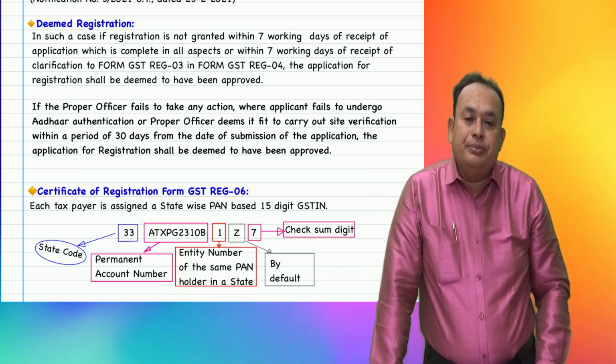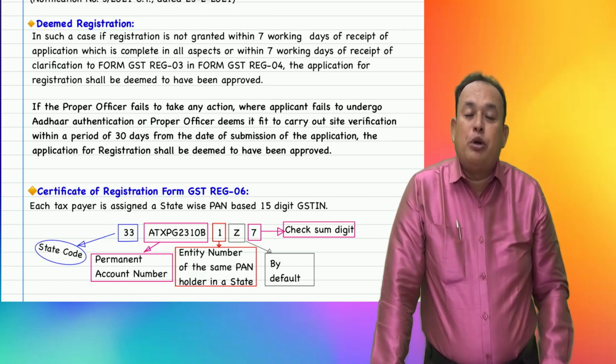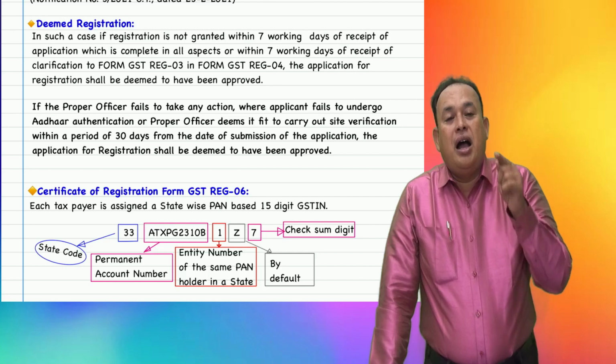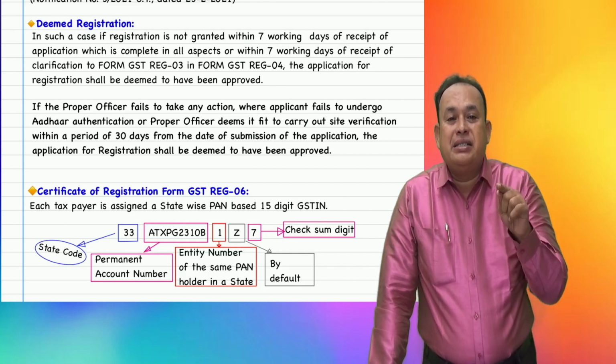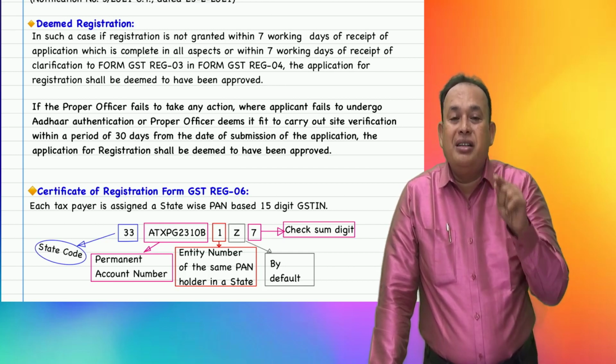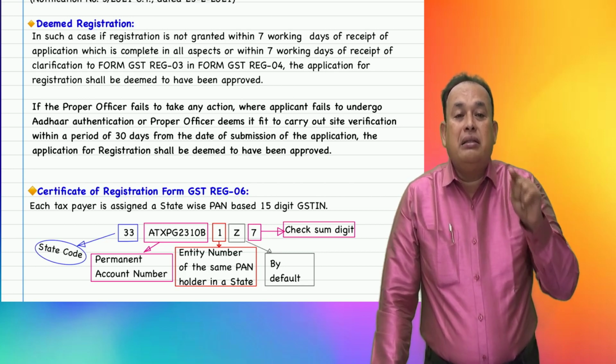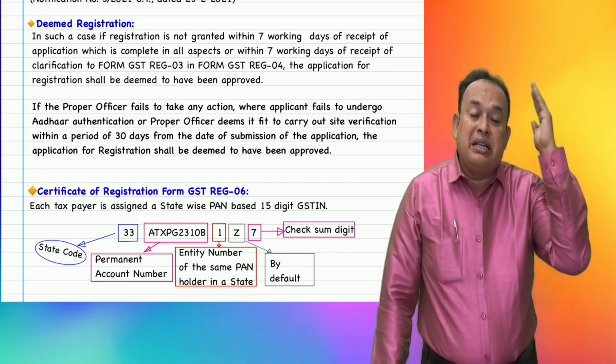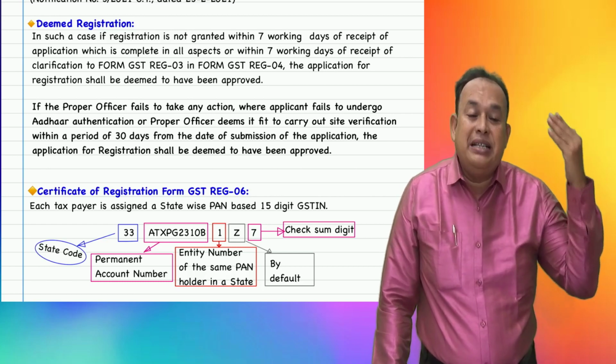As I said, under rule 9, sub-rule 1, clause (aa), in cases identified by data analysis and risk parameters where Aadhaar authentication has taken place, the certificate of registration can be granted within 30 days from the date of receipt of the application.